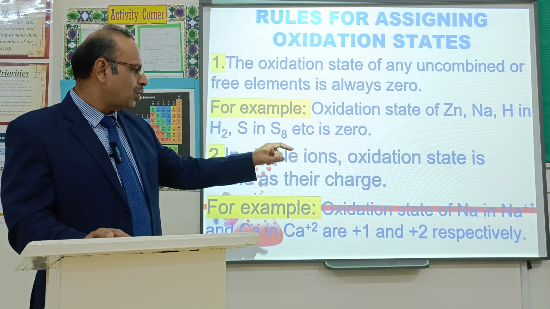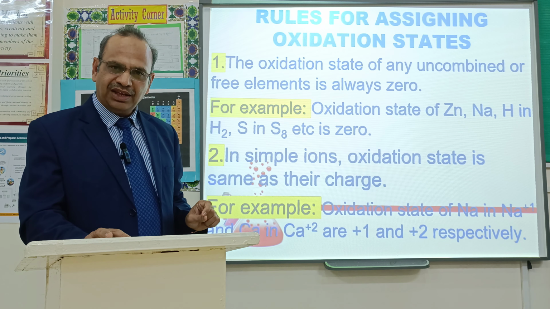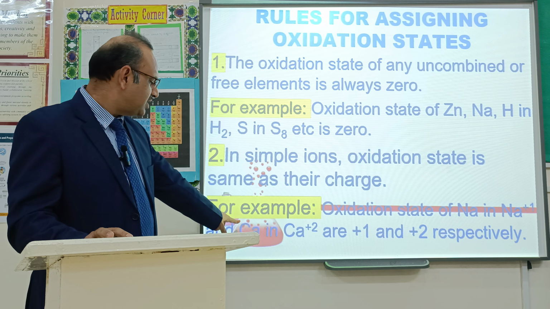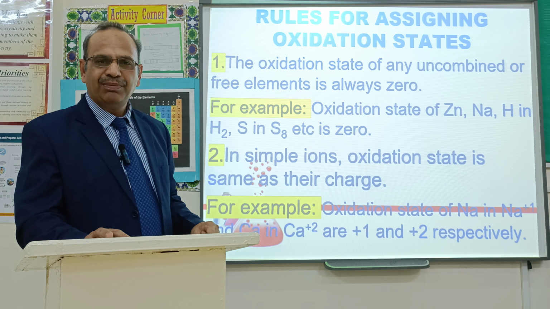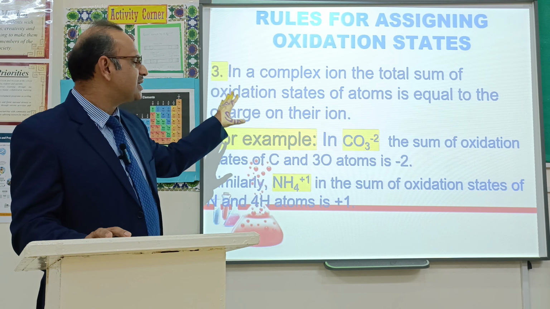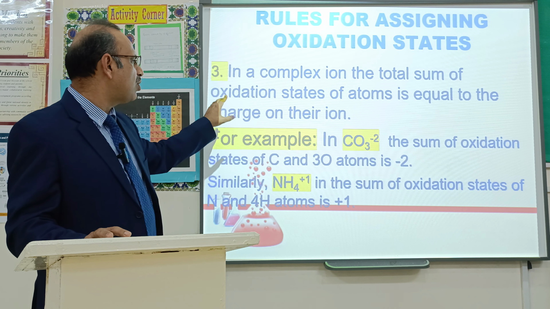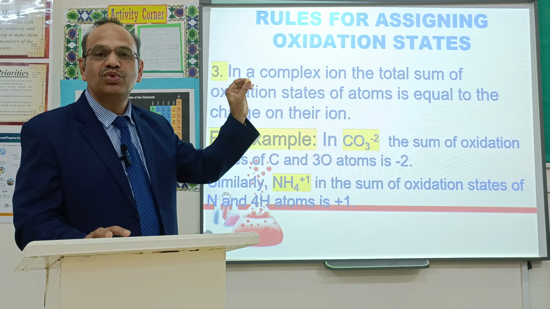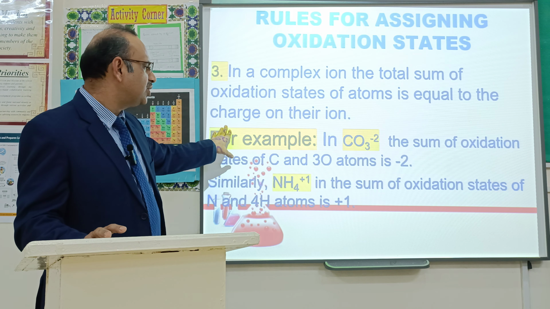Rule number 2, in simple ions, the oxidation state is the same as their charge. For example, the oxidation state of Na in Na plus is plus 1, and calcium Ca2 plus has plus 2. Rule number 3, in a complex ion, the total sum of the oxidation states of the atoms is equal to the charge of the ion. It's a very important rule.